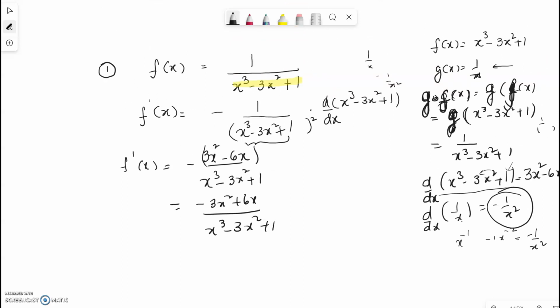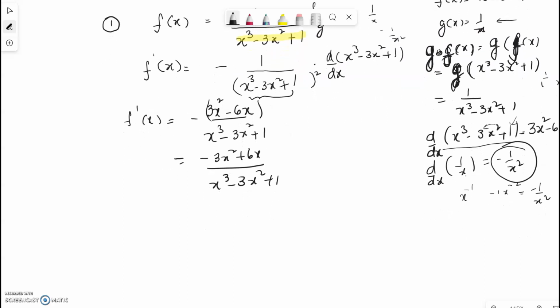Now you can think of this as a quotient, f over g, but it's much easier to use the chain rule to differentiate this function.